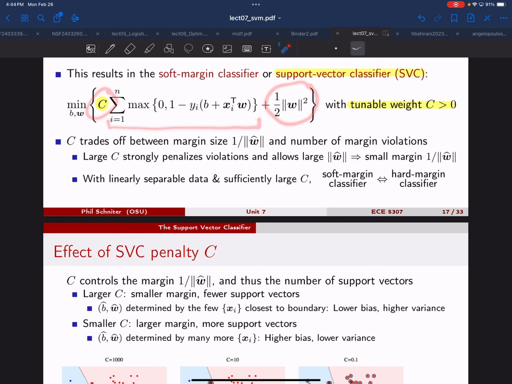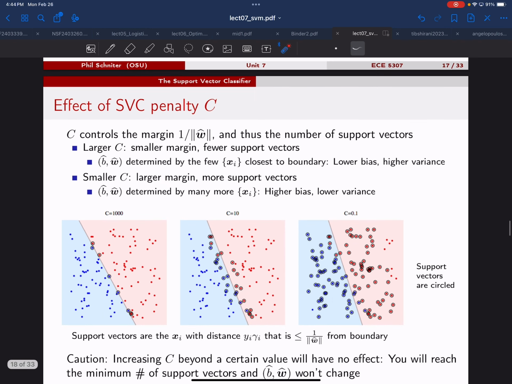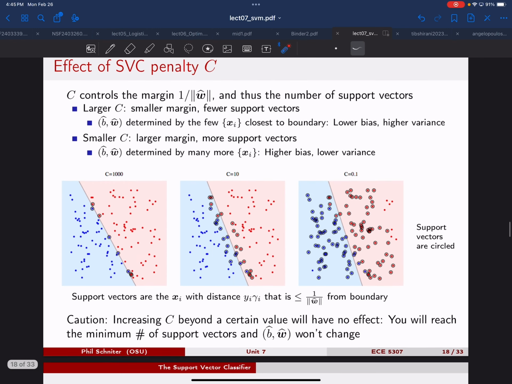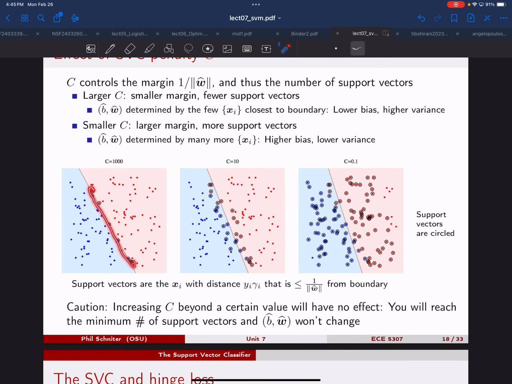That small means a wide street. Okay, so this is the role of C, is you're going to trade off between how many of your training samples are you using to determine that boundary. Do you want to just use a few that are the very few hardest ones, or do you want to involve a lot of them?